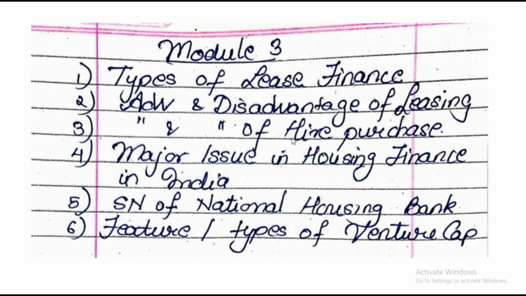Fifth, short note on National Housing Bank. And 6, features and types of venture capital. So under this third module, these are the 6 topics which are the most important.